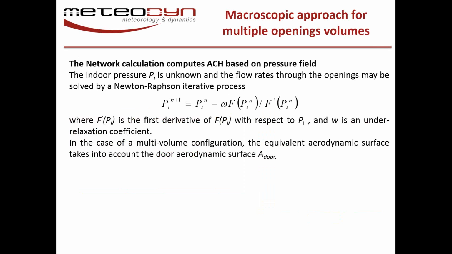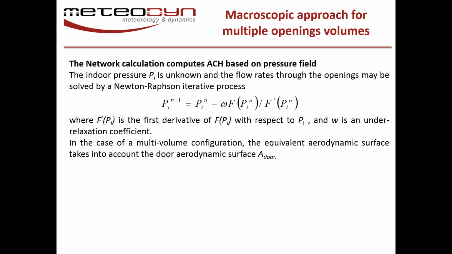So now you know the flow rates. What you would like to do is compute the flow rate for each room. How can you do that? First, you need to compute the internal pressure.